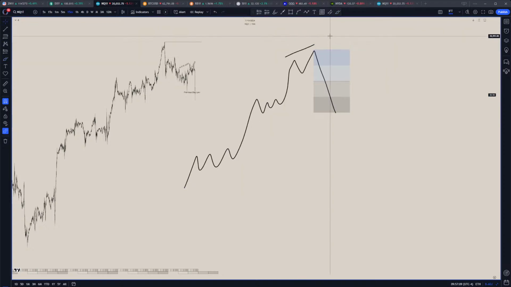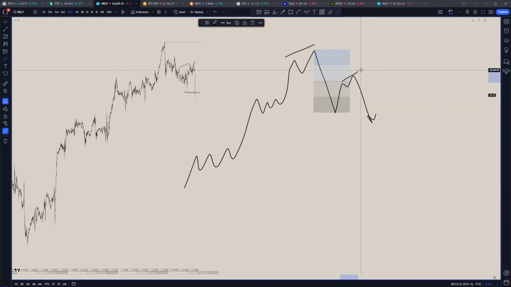Let's say we have an SMT up here, and we're like, okay, now we know we're looking for lower prices because it looks like we have a market structure shift, all that good stuff. Well, we're catching the tops and bottoms anyways, because with a lower time frame SMT, you're still catching the high of something. Even if you use the fair value gap like that, you're catching the high of something.